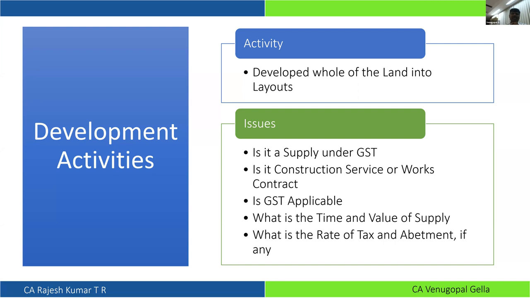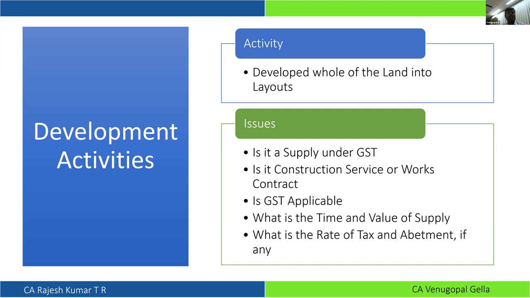In any of these arrangements, all that we should know is the developer is providing services to the landowner. So is the activity the developer is doing a supply under GST? Very well, a supply under GST. Is it a works contract or a construction service? That's also important. Should it be treated as a works contract or a construction service?